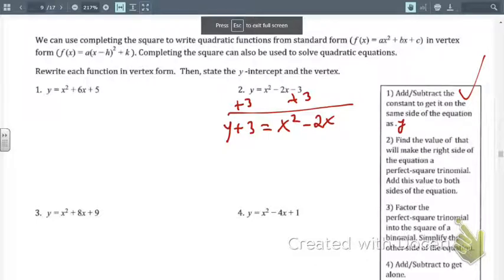Now find the value that will make the right side of the equation a perfect square trinomial. Add this value to both sides of the equation. Alright, so this is where we need to find our c. So we got to take b, divide it by 2, and square it. So our b is negative 2.